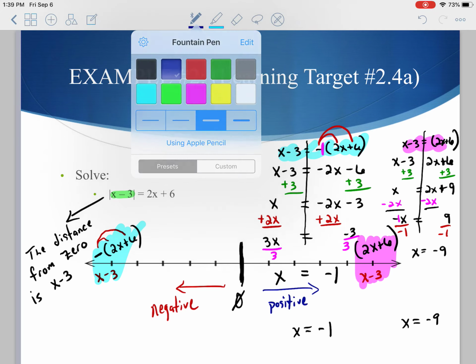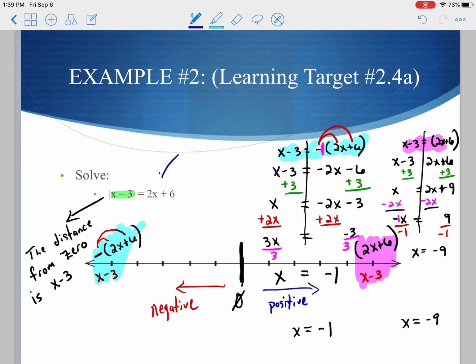Distances must be positive. For that reason, this side of the equation must be positive because it represents a distance. Must be positive. So if I were to substitute in either of these values and I get a negative number, then I know that that is not a valid solution.